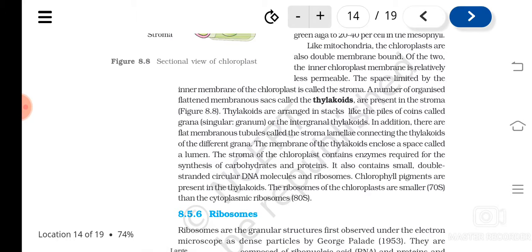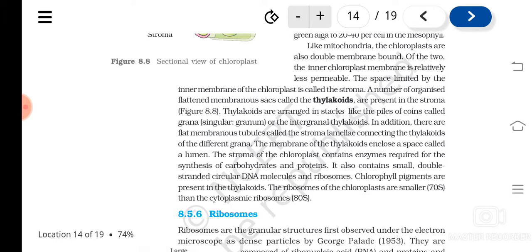The ribosomes found in the chloroplast are smaller, similar to the prokaryotic ones, that is 70S. Since the DNA and ribosomes are there, they can make their own proteins, and the enzymes are present in the matrix.